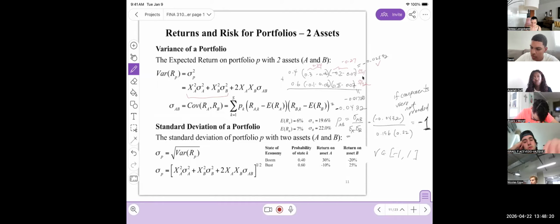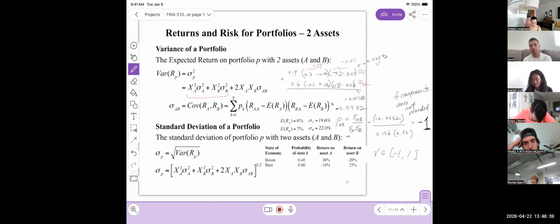Okay, so these are perfectly negatively correlated. In other words, you found the unicorn situation. It's very unusual. It's fantasy that you're going to find two perfectly negatively correlated assets and hold them together.